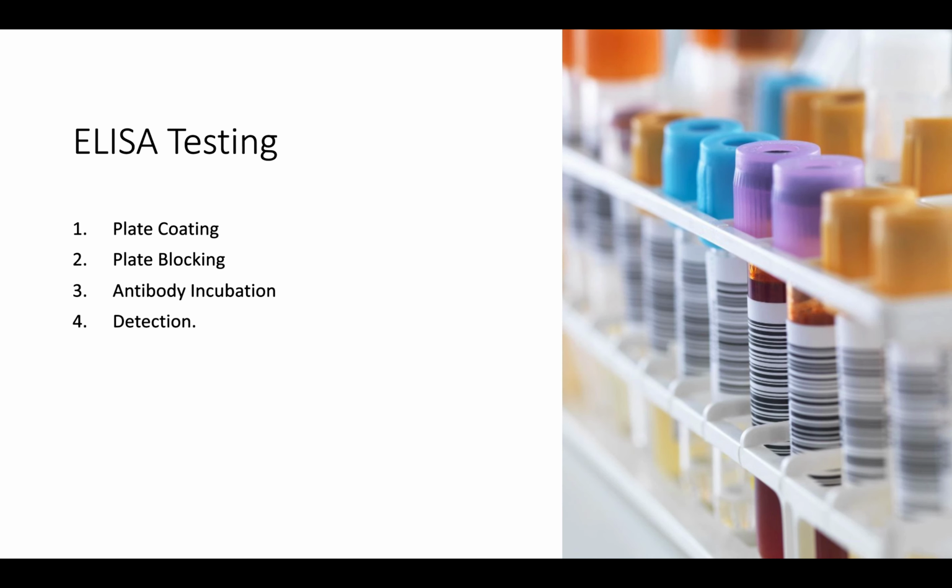You have 4 major steps. 1, plate coating. 2, plate blocking. 3, antibody incubation. And 4, detection. Due to the time constraint, I'm just going to briefly talk on the main points of how this idea would go about.